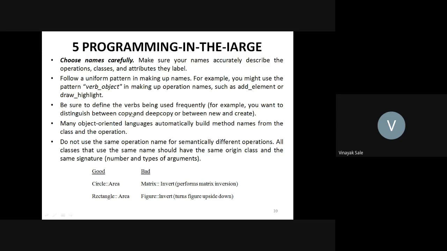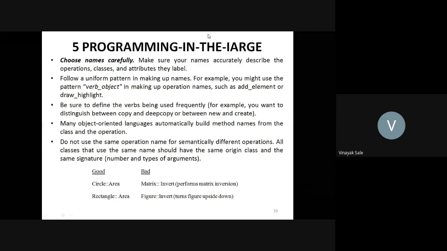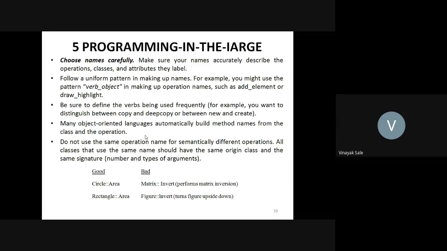Be sure to define terms being used frequently. For example, you want to distinguish between copy and deep copy or between new and create. Many object-oriented languages automatically build method names from the class and the operation.